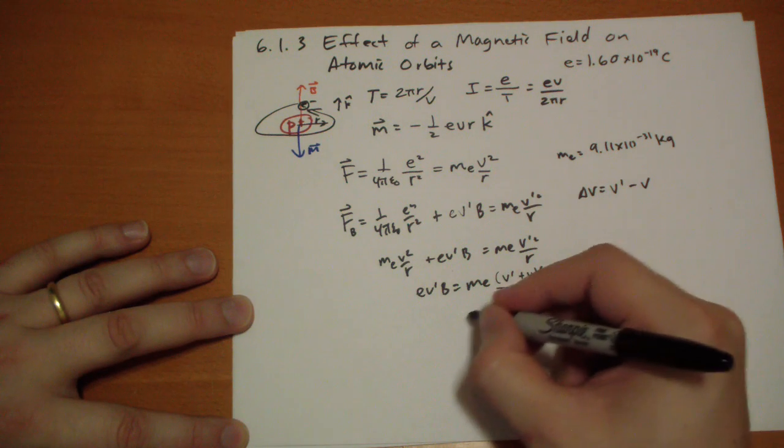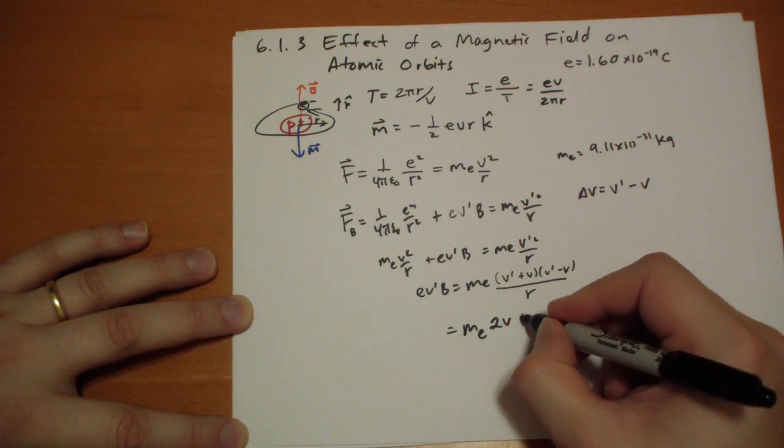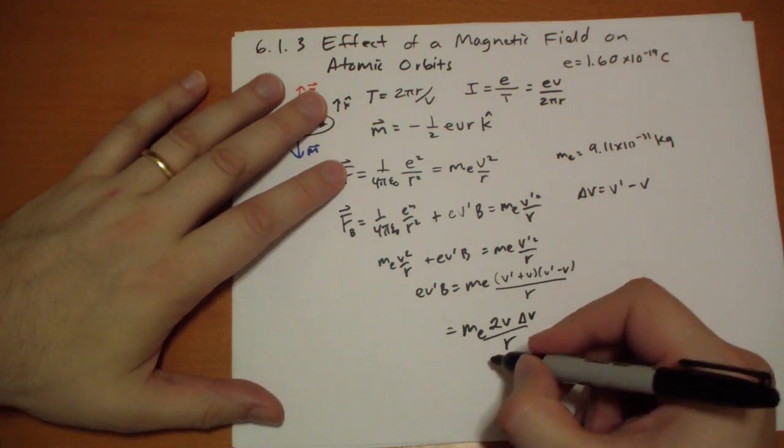So this becomes M_e times 2V delta V all over R, and then we can solve for our delta V.